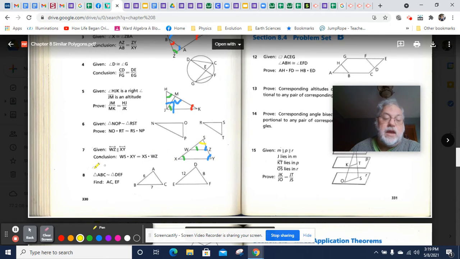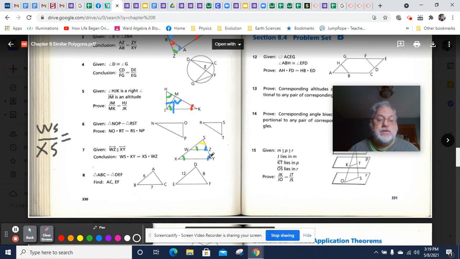So we can set up WS here is going to be to XS. So WS is to XS for similar triangles as WZ is to XY.